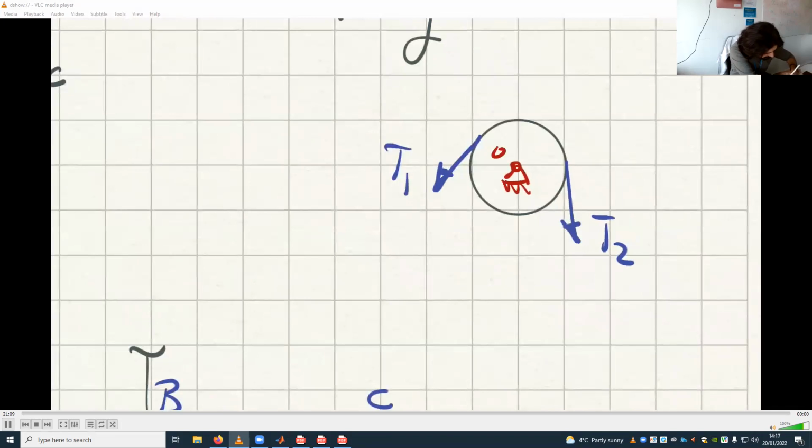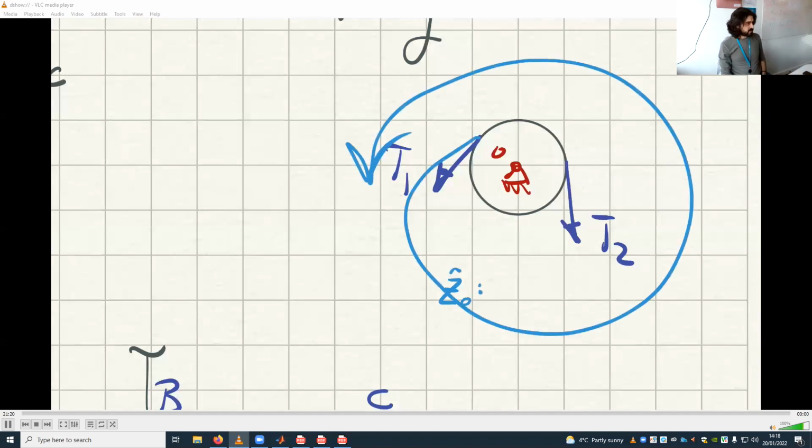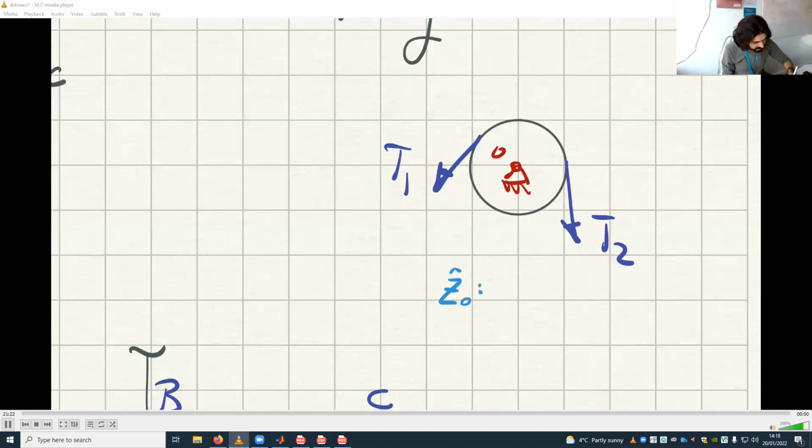for this thing, I get T1 times the radius of the pulley, counterclockwise. So plus T1 times the radius of the pulley. That's the moment.